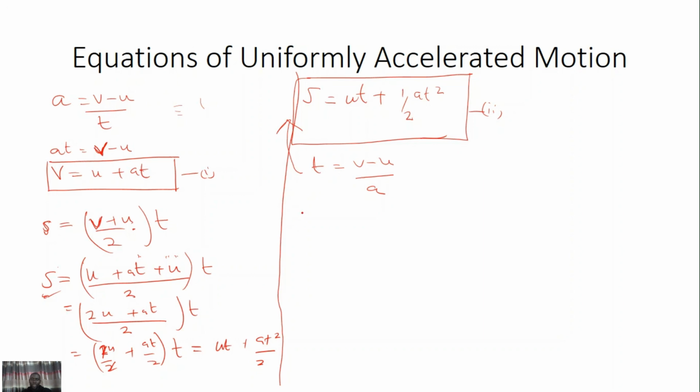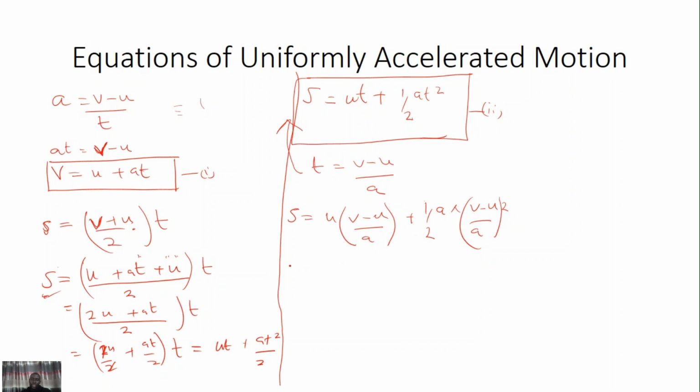If you substitute it, we'll be getting s = u times (v minus u over a) plus 1 over 2 times a times (v minus u over a) squared.